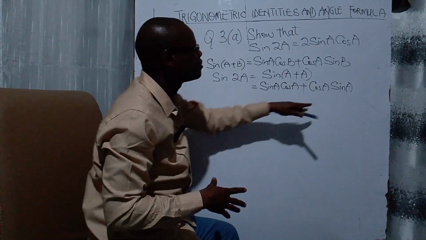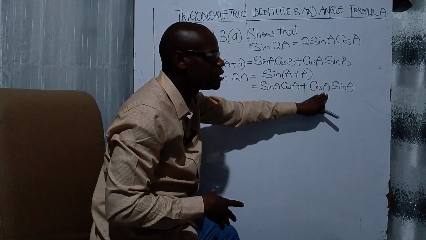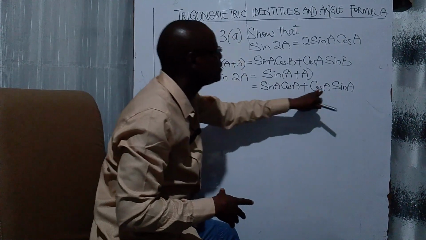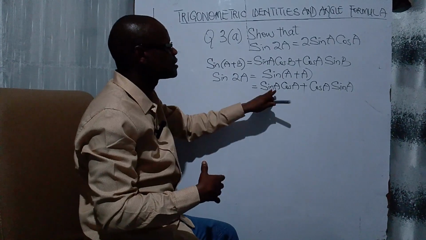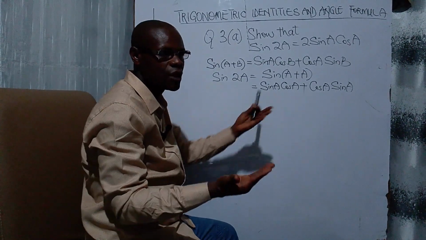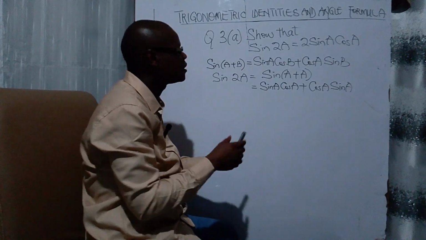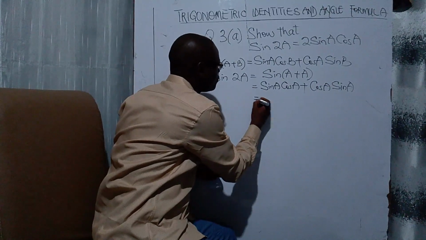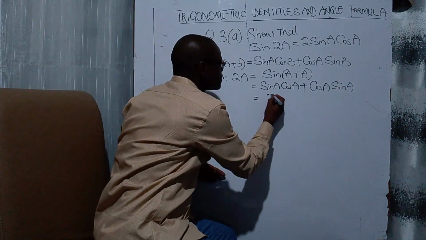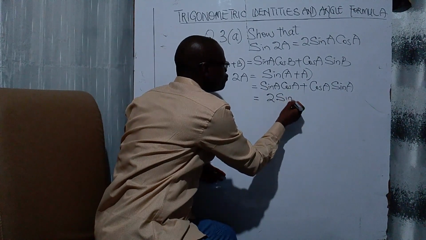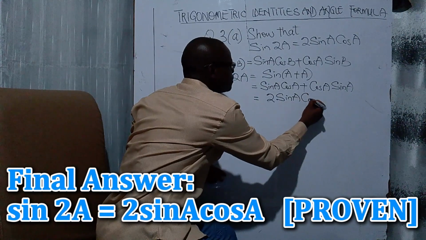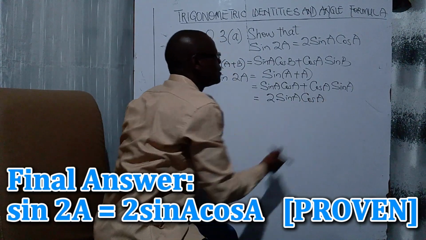So cos a sine a is exactly the same thing as sine a cos a, because we are multiplying the two together. So therefore, we can now conclude that this is the same thing as 2 sine a cos a.